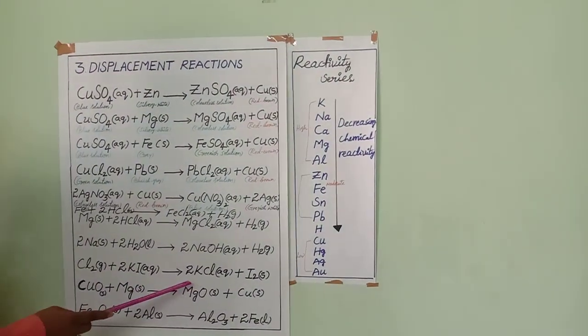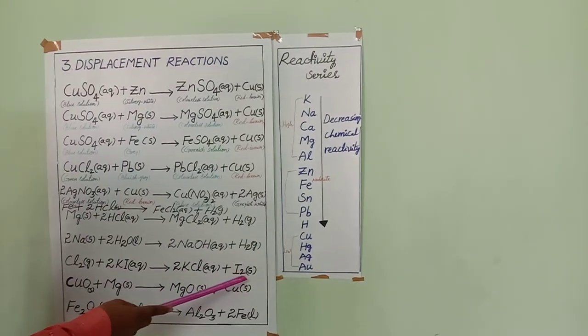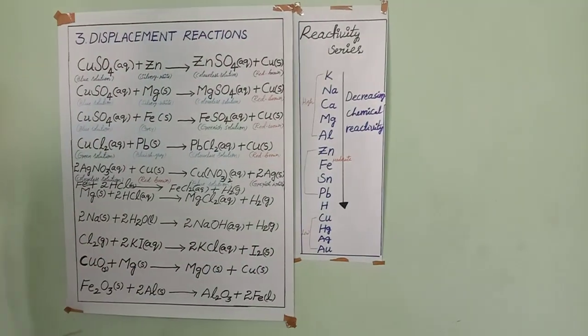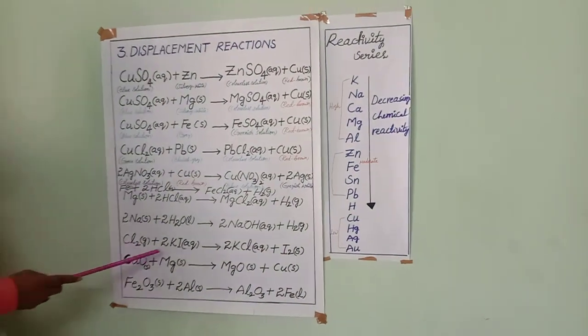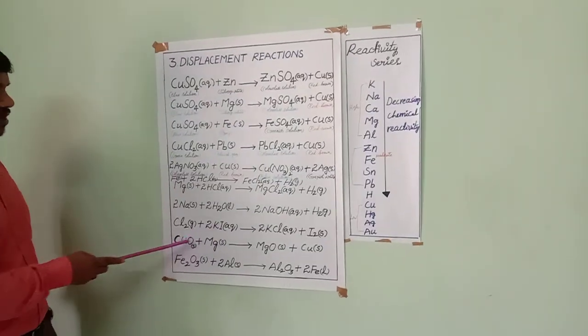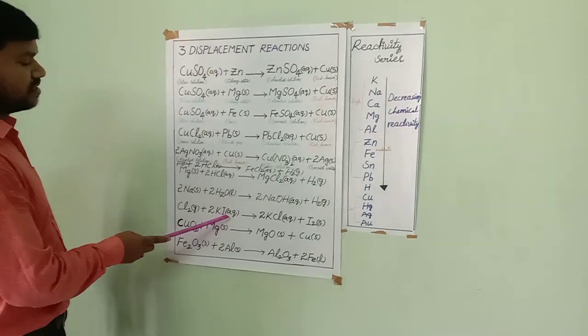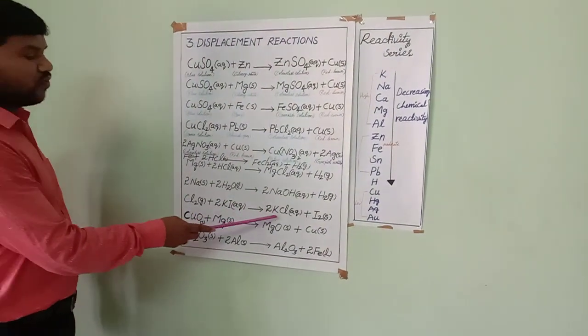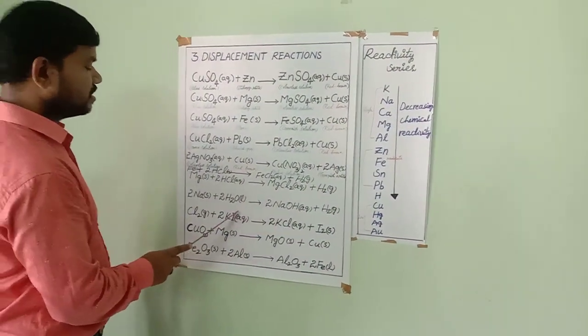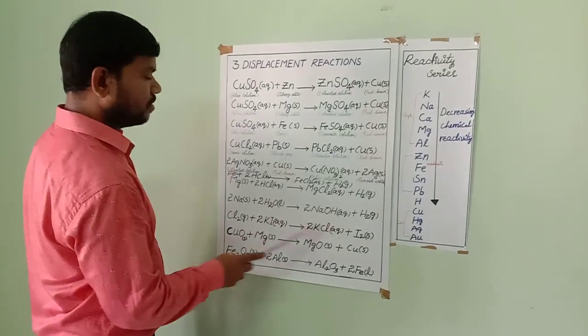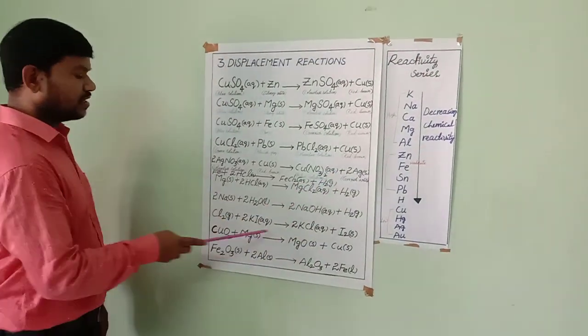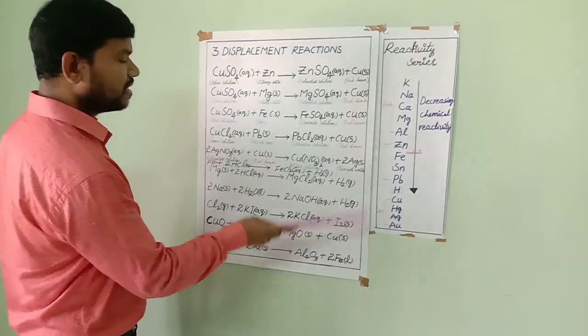So that we will get potassium chloride and iodine. Once again I am repeating. When chlorine gas is treated with potassium iodide, chlorine is more reactive than iodine, so it occupies the place of iodine to form potassium chloride. Instead of this, iodine is formed because iodine is displaced here.